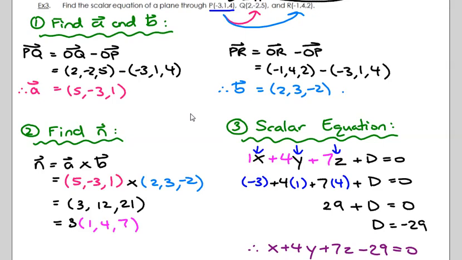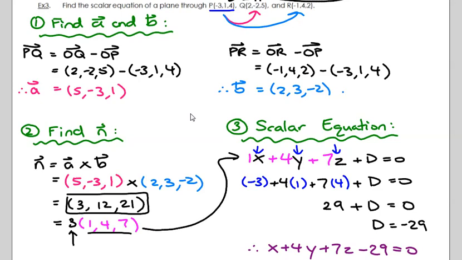Notice in step number 2, we did the cross product in order to find the normal, and I did end up taking out a common factor of 3 because I noticed that all of these could be divided by 3, so I'm just going to reduce it beforehand. I'm left with a nice normal vector that I can then put into my ax plus by plus cz plus d equals 0 equation.